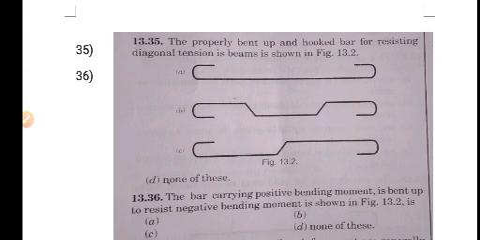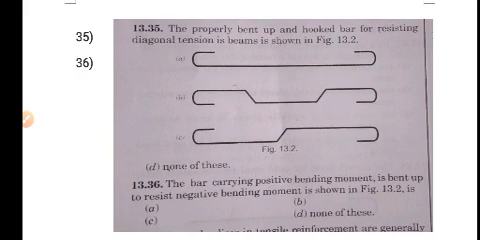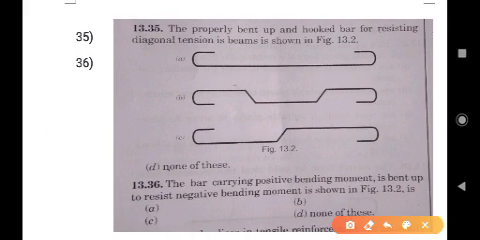Question number 35. The properly bent up and hooked bars for resisting diagonal tension in beam is shown in figure 13.2: A, B, C, D, none of these. For resisting diagonal tension we use this type of bar.